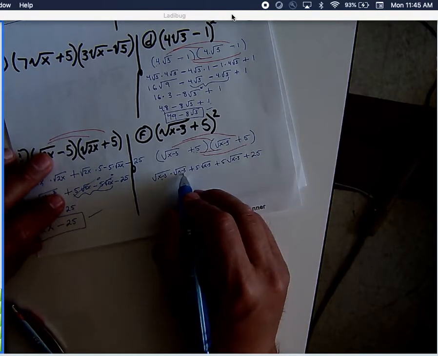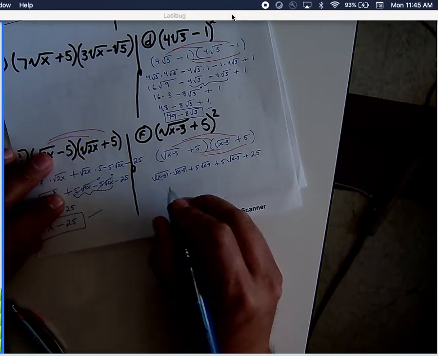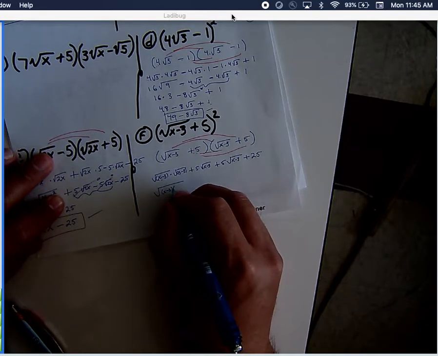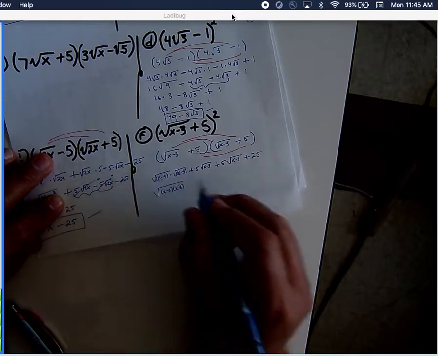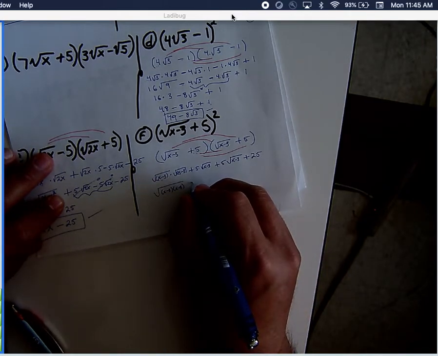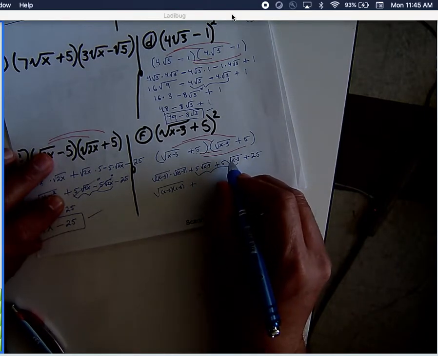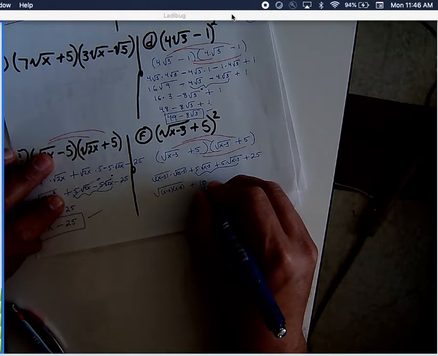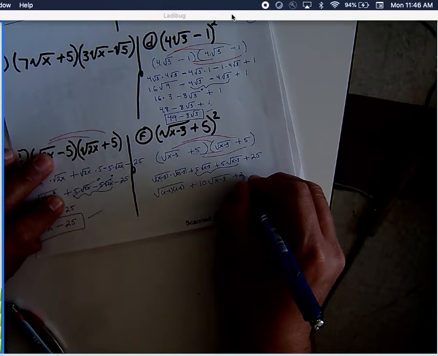So this one I'm going to put them together, but I'm going to put them in parentheses. So this is x minus 3 times x minus 3. So I put them together because they have the same index. Plus, if you look here, they have the same radical and they have the same index, so you're able to combine the coefficients. 5 plus 5 would be 10. Square root of x minus 3, and then the plus 25.